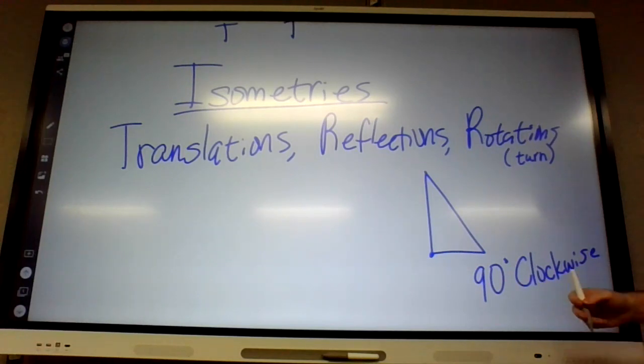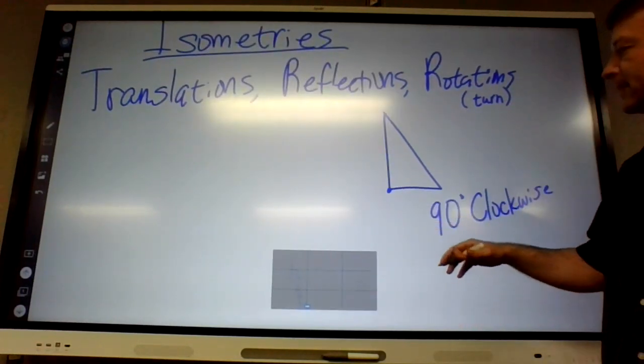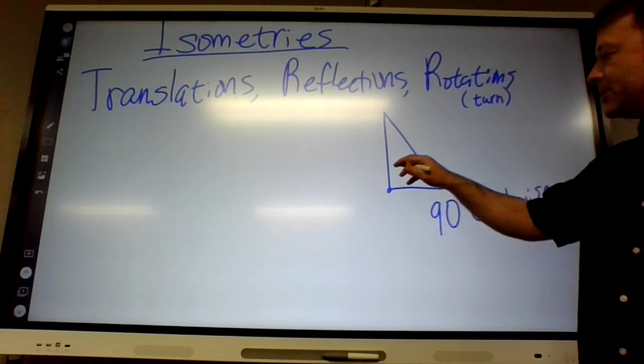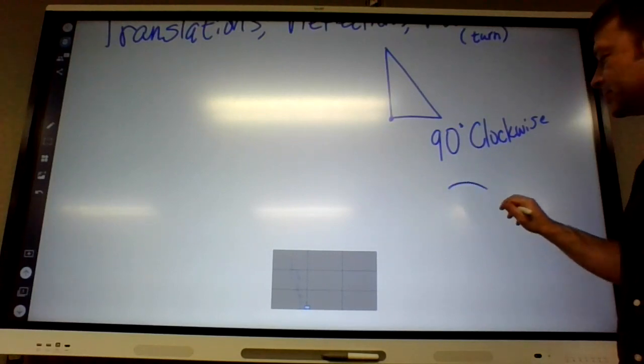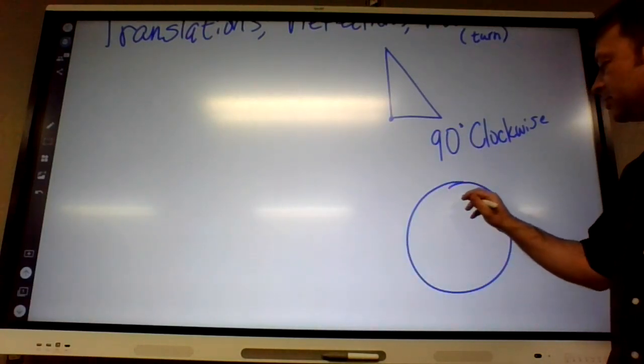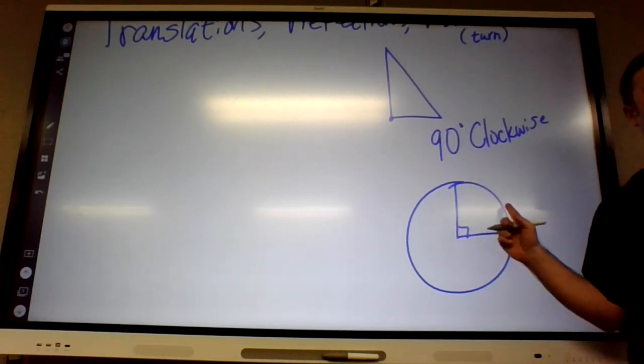So if I wanted to rotate this 90 degrees clockwise, what would it look like? Well, if this is my center, how much of a turn is 90 degrees? It's a quarter of a turn, right?